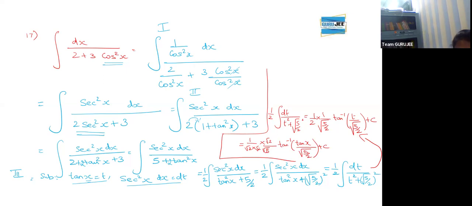Roughly, I have taken the reciprocal of root 5 by 2, bringing the denominator upside.